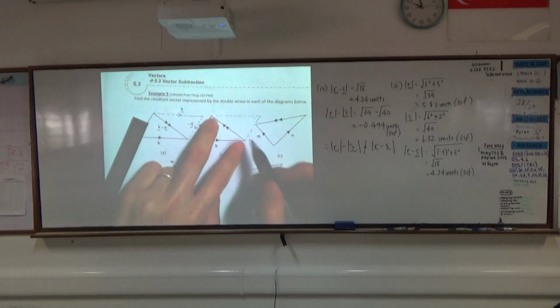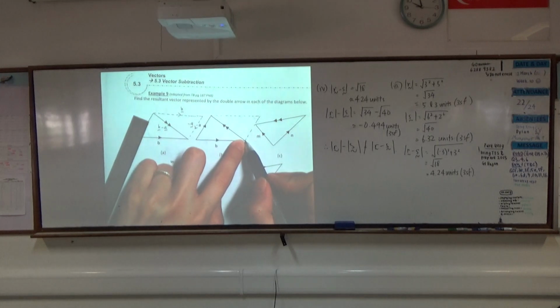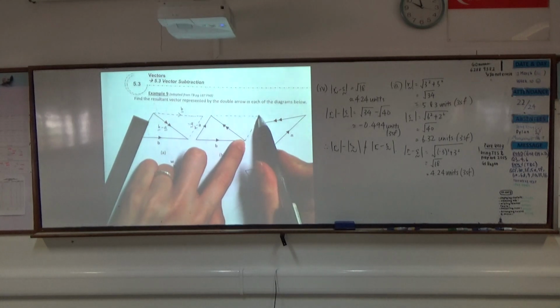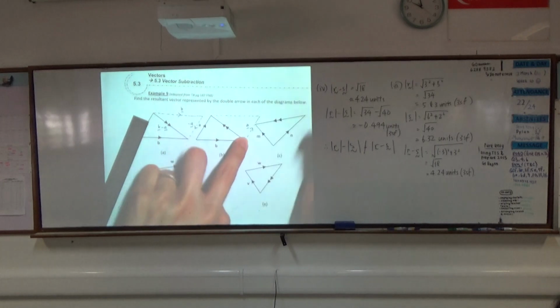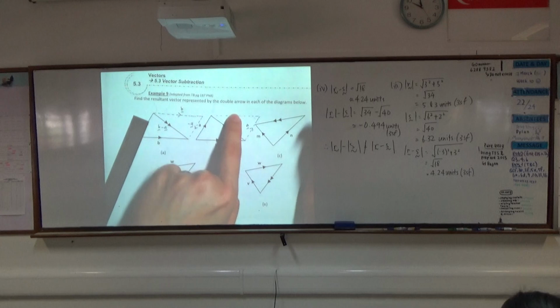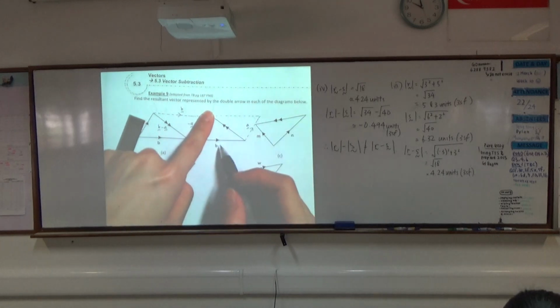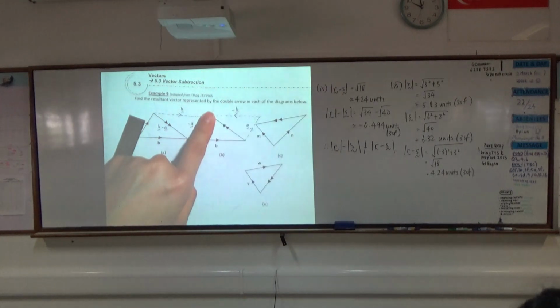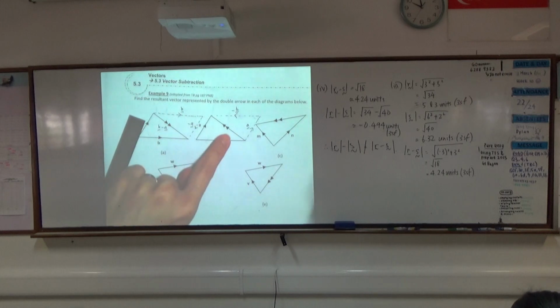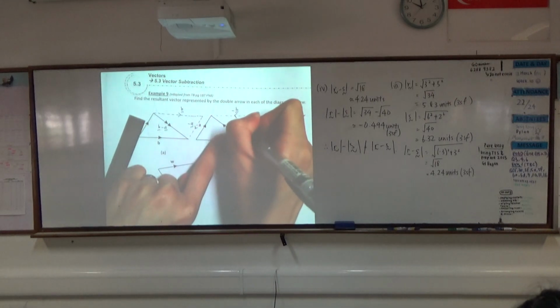Start point is here. So that means that I need to move up in the same direction as A. And then I need to move left, which is the opposite direction of B. So that's negative B. Therefore, in this case, it is A minus B.